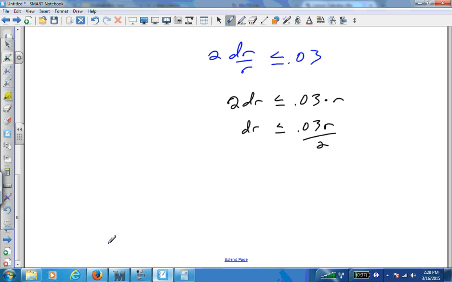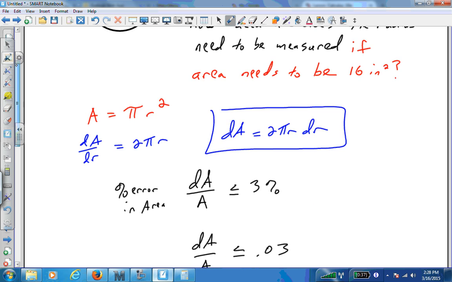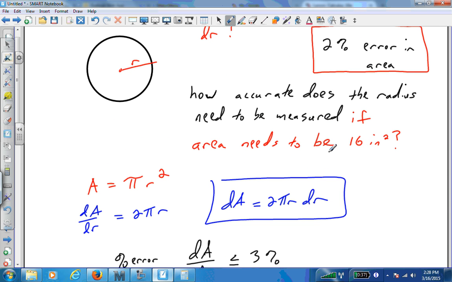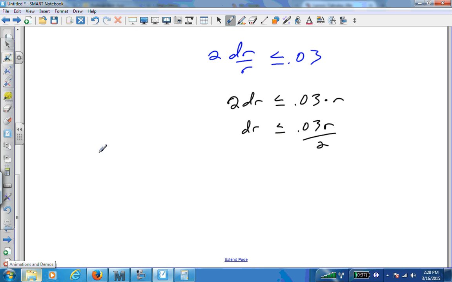Now we need to keep in mind, well, what does our radius need to be? So we're told our area needs to be preferably exactly 16 square inches. And recall that area is pi r squared. So if we know the desired area, then we can figure out what the exact radius should be.